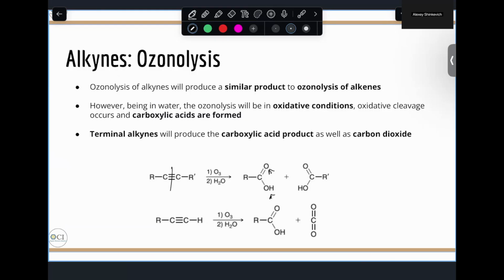It forms what are called carboxylic acids. And if it's a terminal carbon on the end, so that would look like something like that, instead of a carboxylic acid on the end, it forms carbon dioxide. Those reactions are drawn there again.